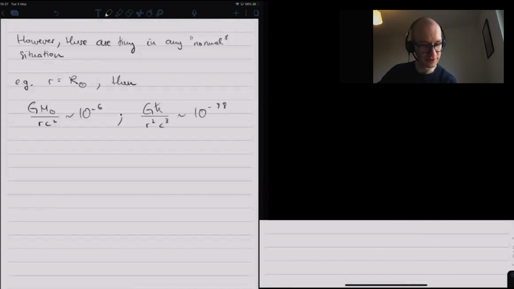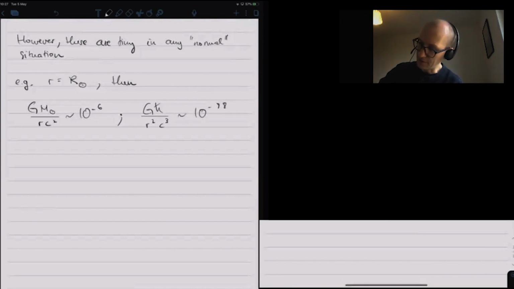So absolutely tiny. The quantum correction for objects or processes that happen on the scale of Earth is 10 to the minus 88, the relative effect to what the Newton potential is. So absolutely, absolutely tiny.